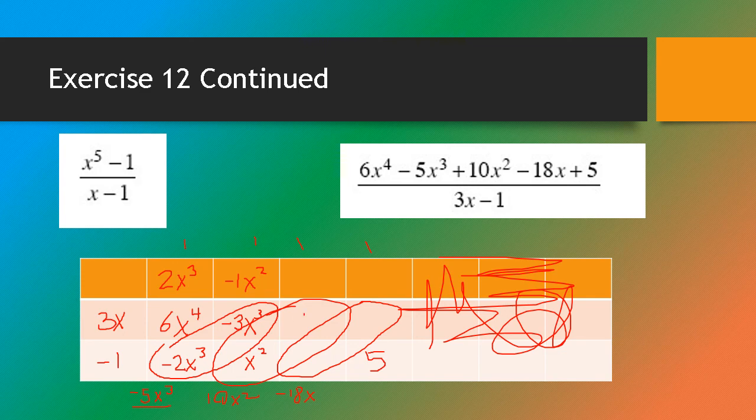But to get to 10, I need 9 more x squareds. 9 then is 3 times 3, and x times x will make the x squared. And 3x times negative 1 is negative 3x. To get to negative 18x, I need 15 more negative x's. Since negative 15 is 3 times negative 5, and negative 5 times negative 1 is positive 5, check. Now we know the solution of that last division.